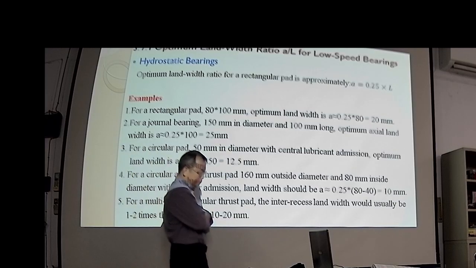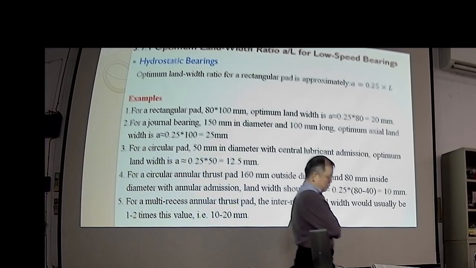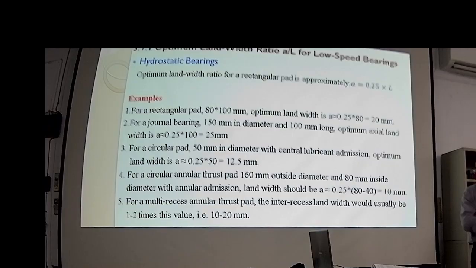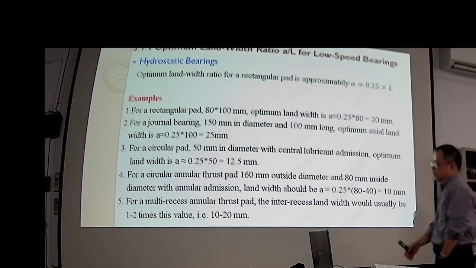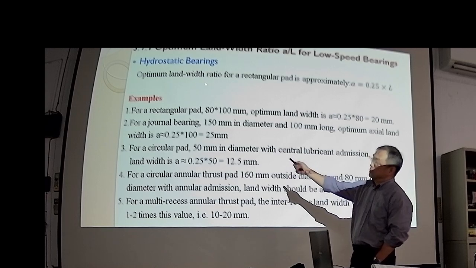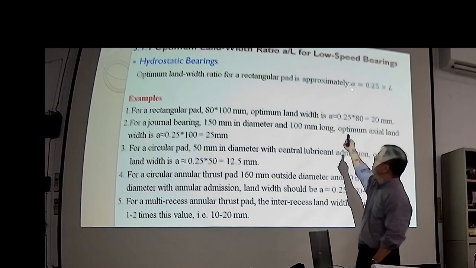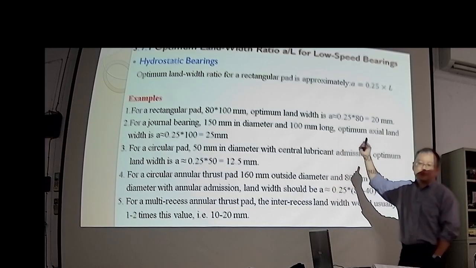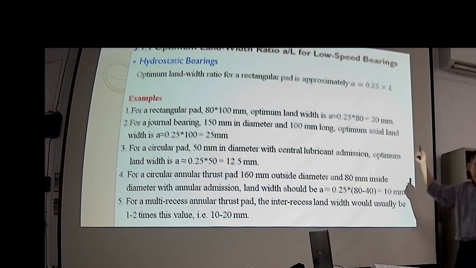But in some cases, for example, you have extremely high speed operation. So in that case, you will generate a lot of friction power. So sometimes in this kind of situation, you can reduce the bandwidth, which means your bandwidth will be smaller than the 0.25.